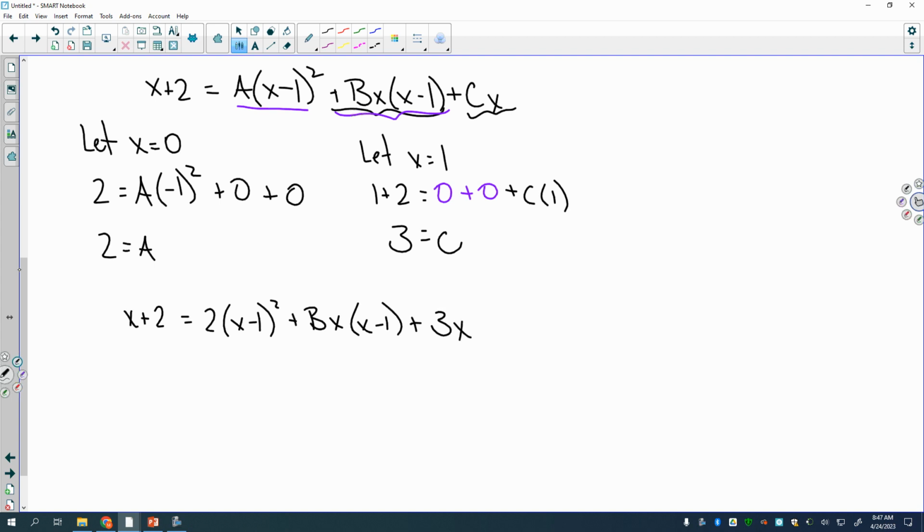So I'm to this point, and at this point, I can just pick a number for x. I don't want to pick a 1 because that's going to make things 0. I don't want to pick a 0 because that's going to make terms 0. I want to pick some other number. Whatever number you want will work. I would choose something small, and I prefer positive, so I picked a 2, and I just plug that in for all the x's. That's what I'm doing here. Let x equal 2.